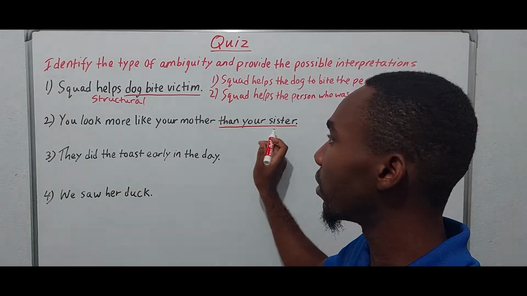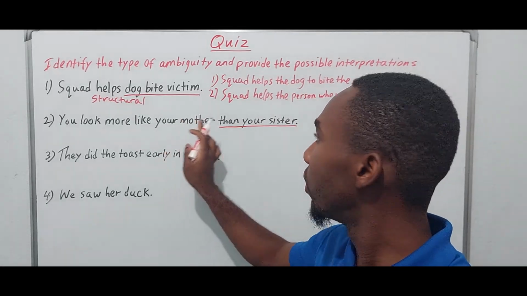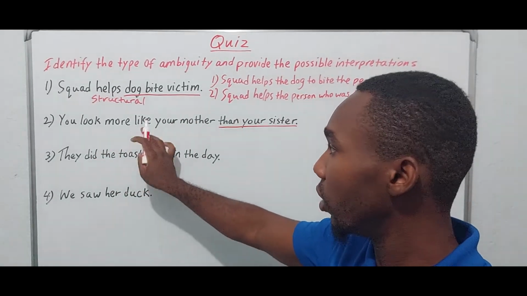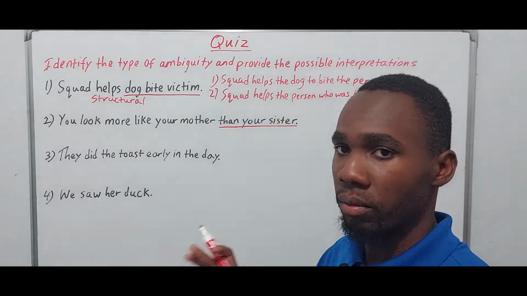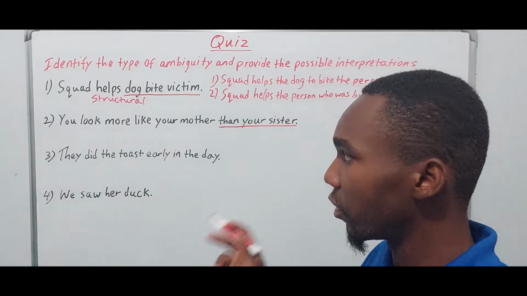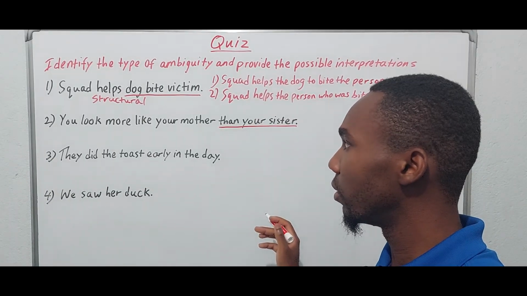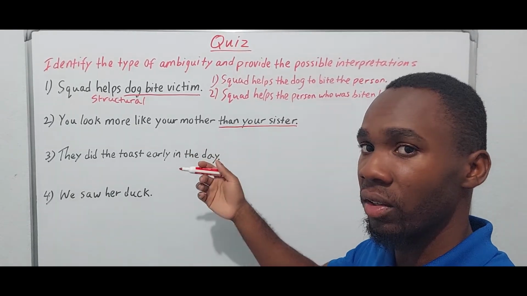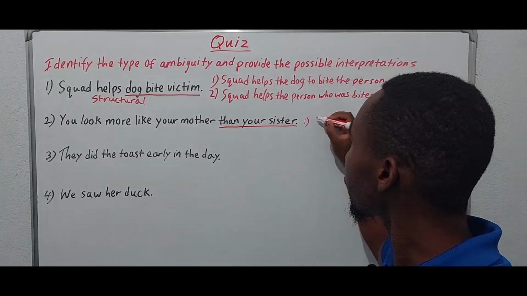Because than your sister could refer to your mother, or it could refer to the first part, you. So let's break it down. The first meaning, you look more like your mother than you look like your sister. That's the first meaning. All right?